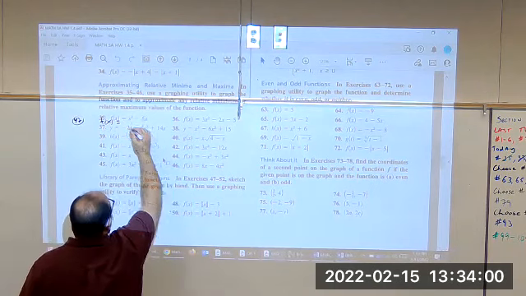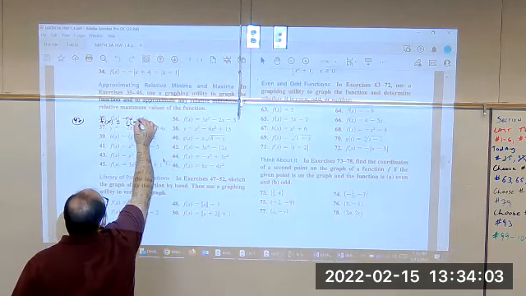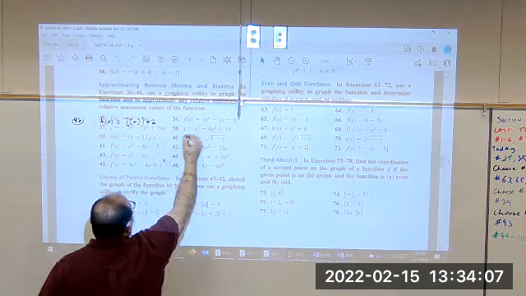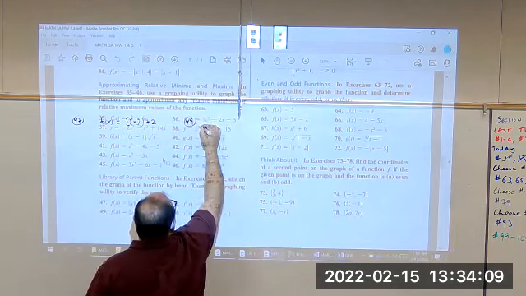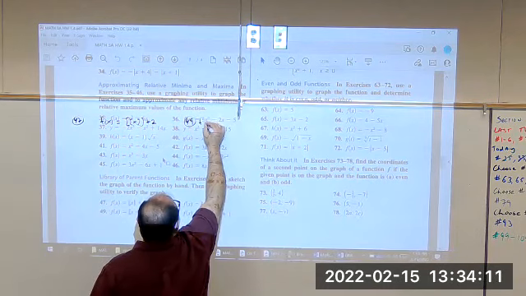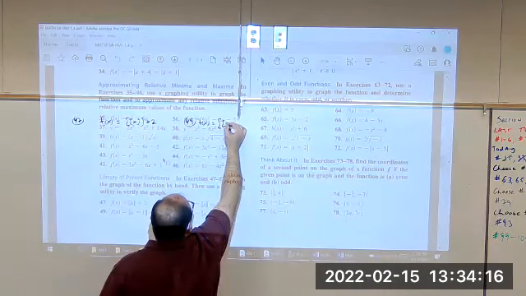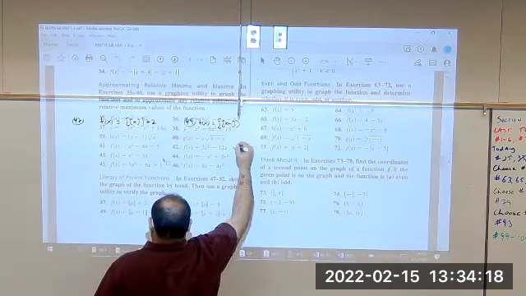The greatest integer function, step function. So f of x is the step of x plus 2. And then I'm going to also do 49. F of x is equal to the step of x minus 1, and then minus 2.